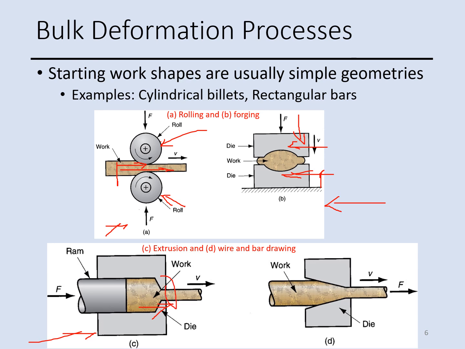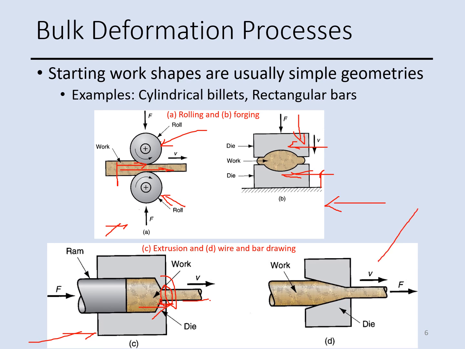It becomes smaller. The cross section of this workpiece becomes similar to the shape of that die.